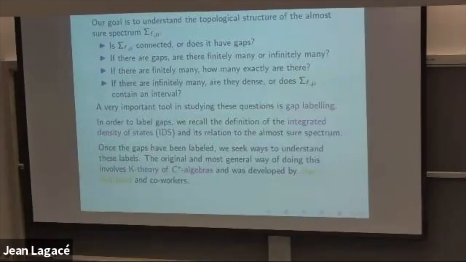That doesn't change this function on the spectrum because I'm staying inside the gap. Okay, so this object is actually the same for all E's in the gap. The other thing is that this function, if I'm allowed to alter it off the spectrum, I can mollify.